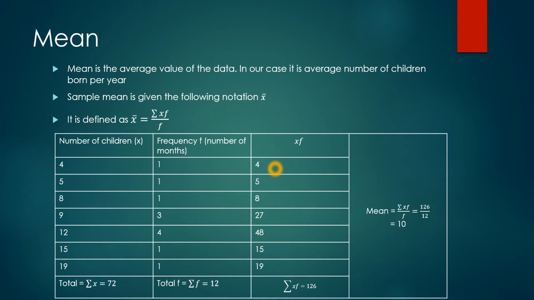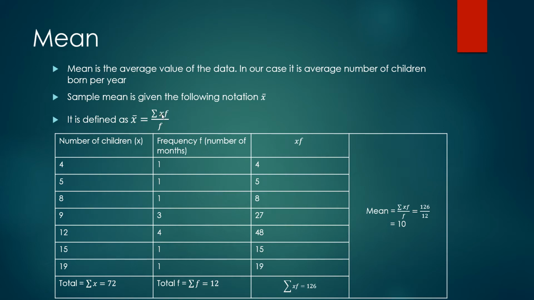Then when you finish all the rows in our table, you add them all and you get the sum of x times f. Using your hand calculation or maybe your Excel software, you will get 126. Now the mean was defined by this formula.